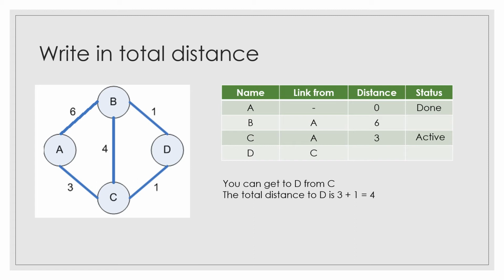And an easy way to do this is to look at the weight at C. The distance at C is 3, and add on the extra distance from C to D. So 4. So recap. The distance column shows the total distance from the start node.